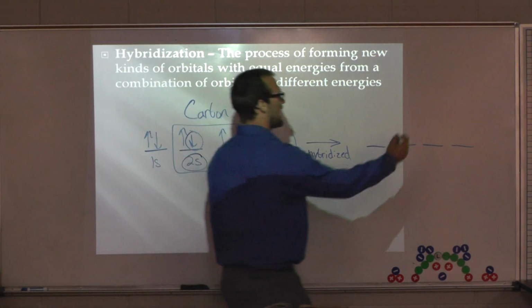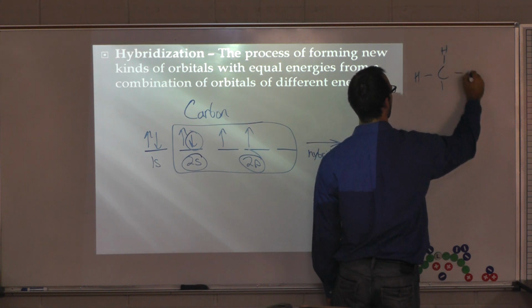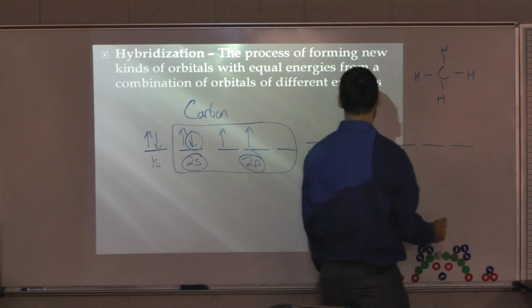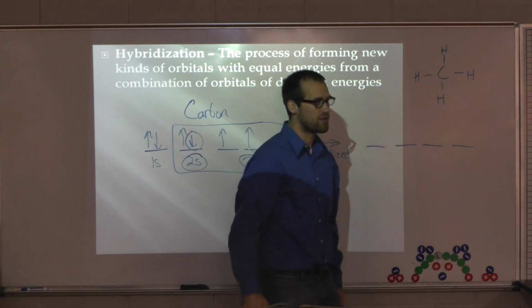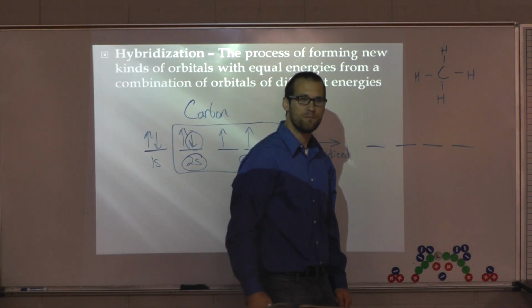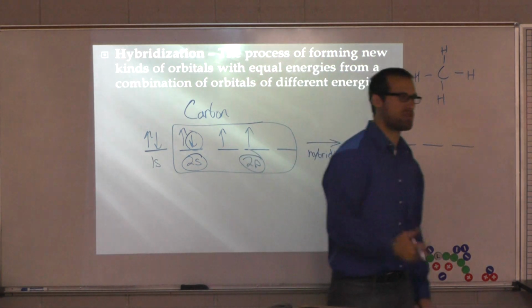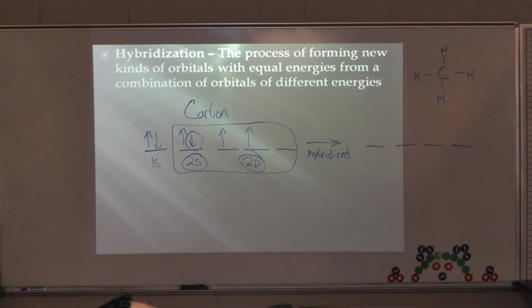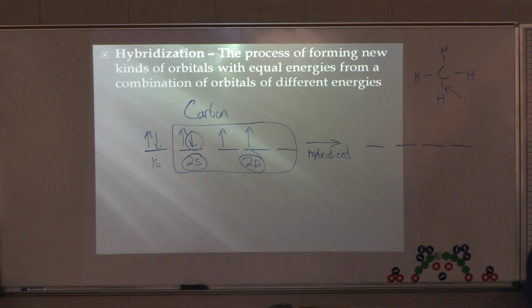S. But when I look at this particular guy here, all 4, what this theory would suggest is that these 4 bonds are not all the same energy. Do you see what I'm saying? Okay? Well, when they do the experimental results and actually figure out what the bond length is and the bond energy is for these guys, they all have the same length and they all have the same energy, which suggests that they all have to be overlapping with the same energy orbitals.